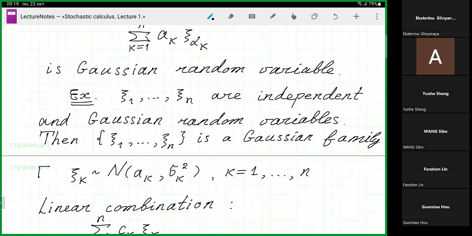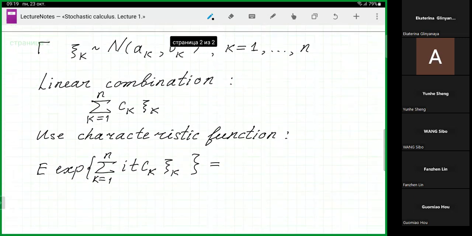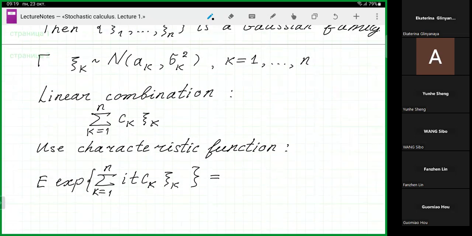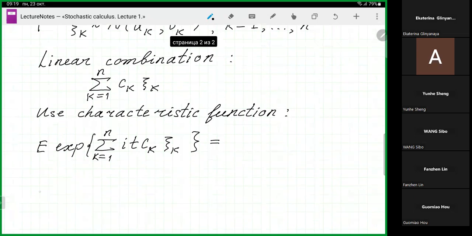We have independent random variables. Due to this fact, one can say that the characteristic function of the sum is equal to the product of the characteristic functions.